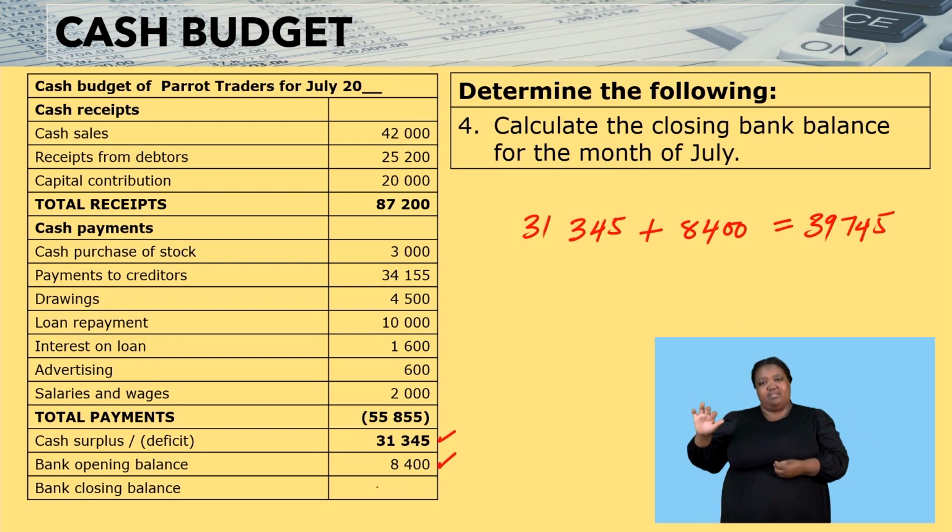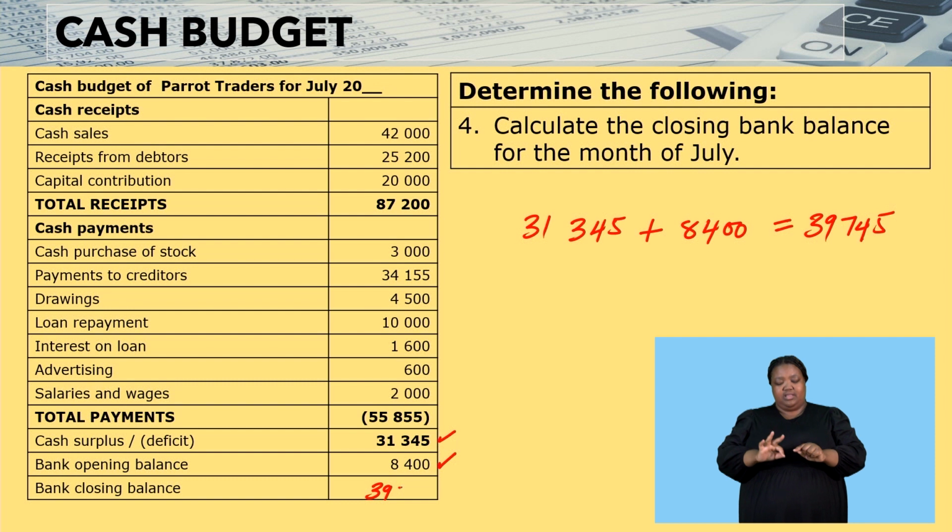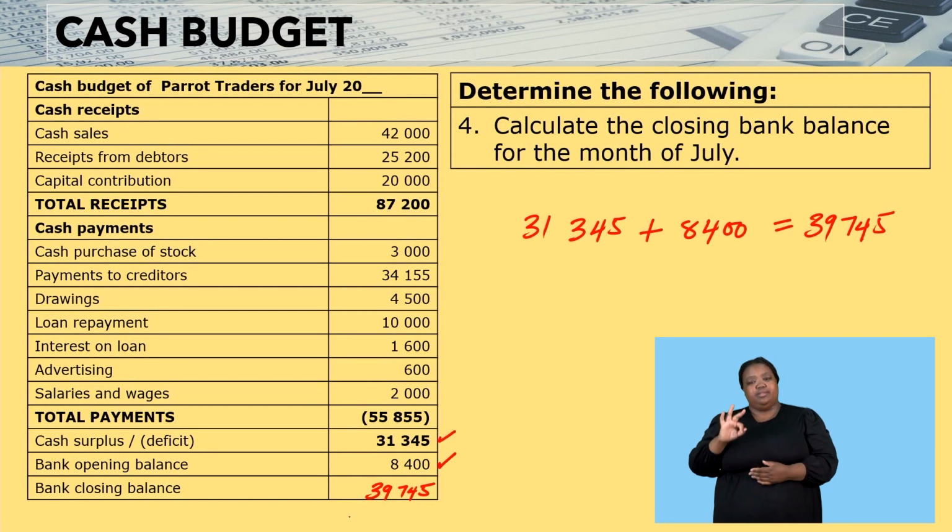So I'll come here at the bottom, 39,745. That therefore becomes my cash closing balance. So if a question comes and says, what was the amount of money on the bank balance, that would be 39,745.